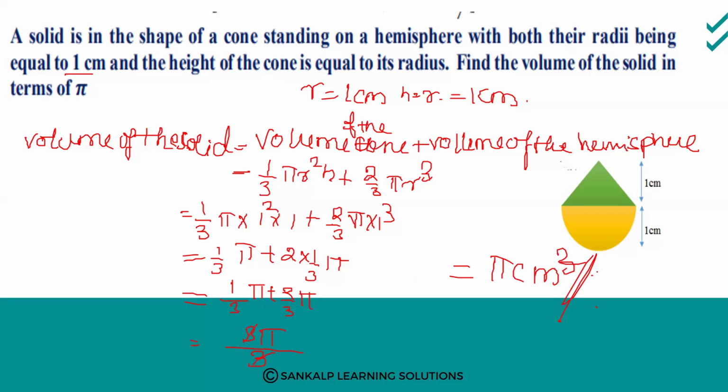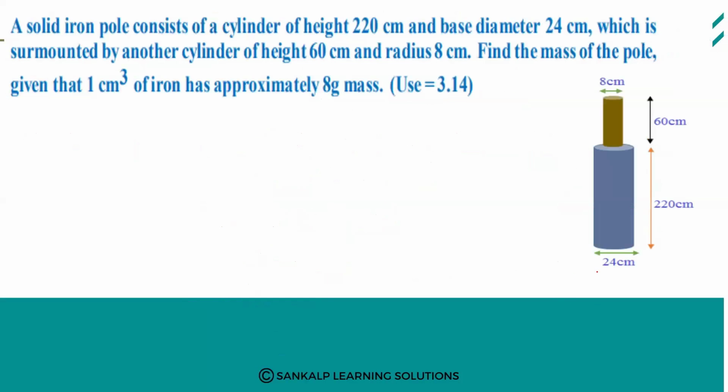Next question. A solid iron pole consists of a cylinder of height 220 centimeter and base diameter 24 centimeter, which is surmounted by another cylinder of height 60 centimeter and radius 8 centimeter.